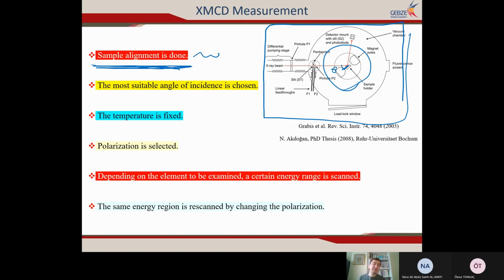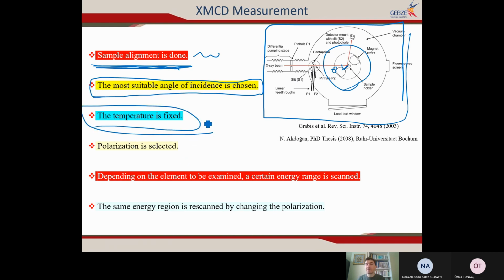We have explained the sample alignment steps in the X-ray reflectivity method. You can check them. And then the most suitable angle of incidence is chosen after the sample alignment, and the temperature is fixed. This is very important. Even very small fluctuations in the temperature can affect your result because magnetization depends on the temperature.